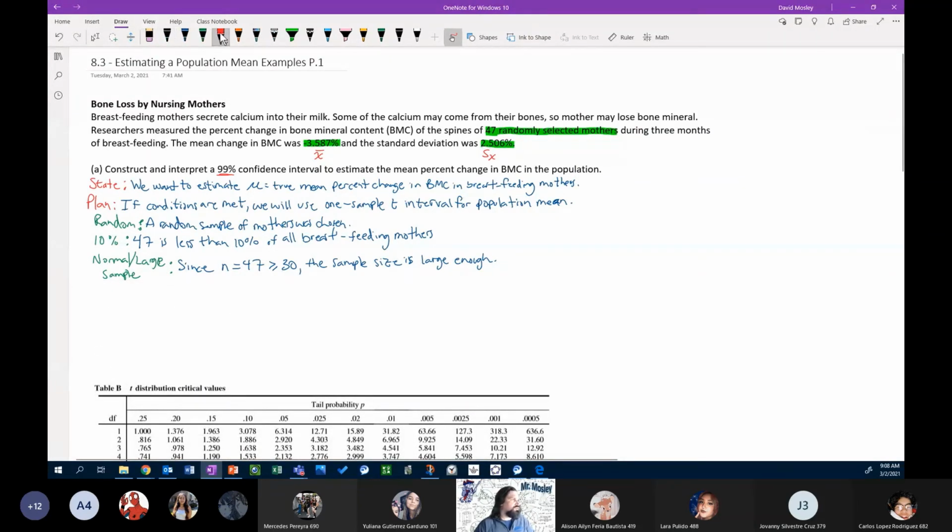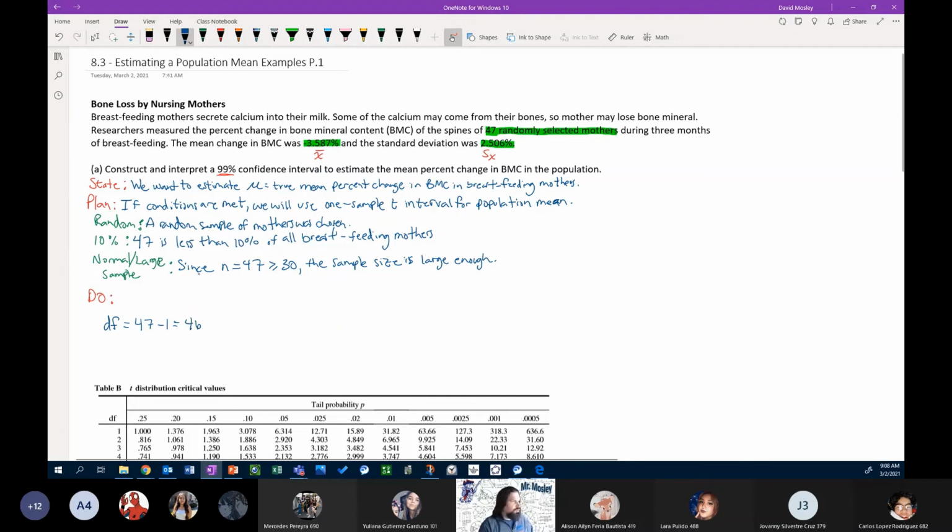So we can move on to the do phase, which means we've got to do some math. We first consider the degrees of freedom, which is equal to 47 minus 1, which equals 46.